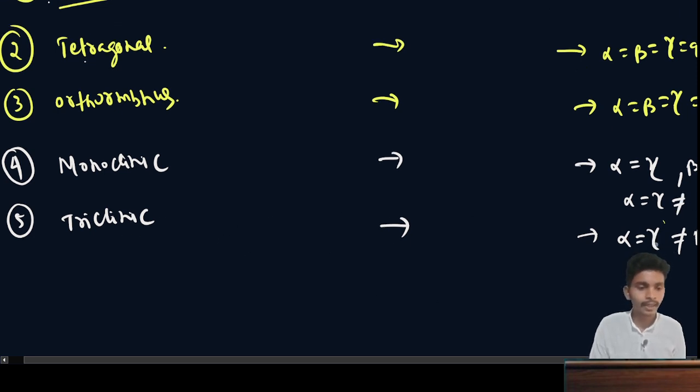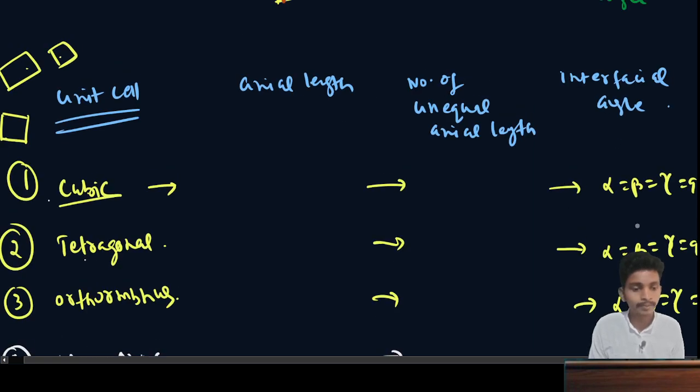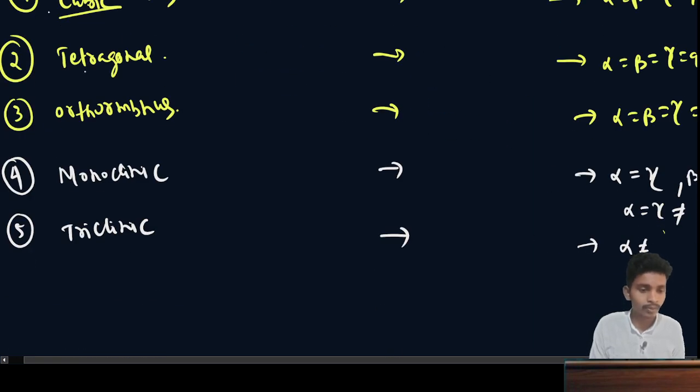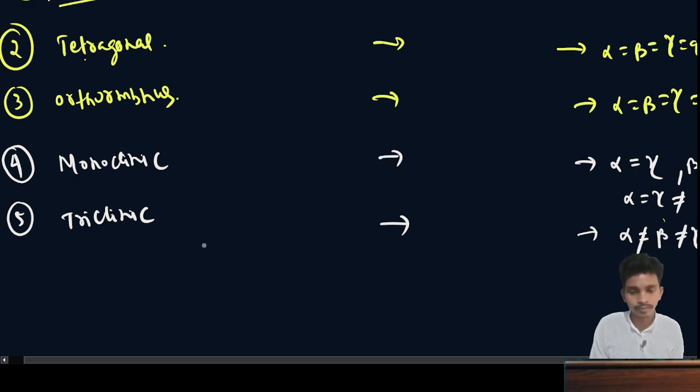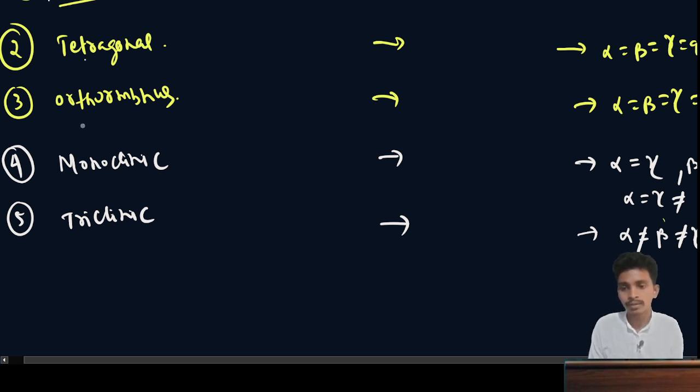For triclinic, for axial as well as interfacial angles, all are not equal, so alpha not equal to beta, not equal to gamma. So first we will write cubic, tetragonal, rhombus, then monoclinic, then triclinic.